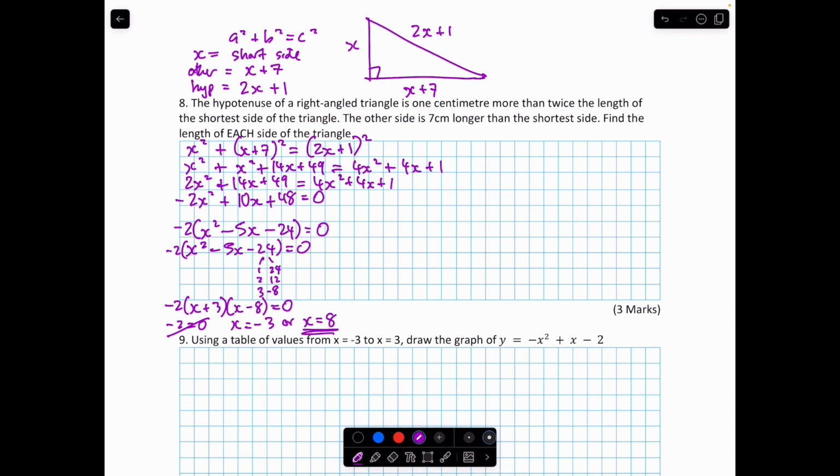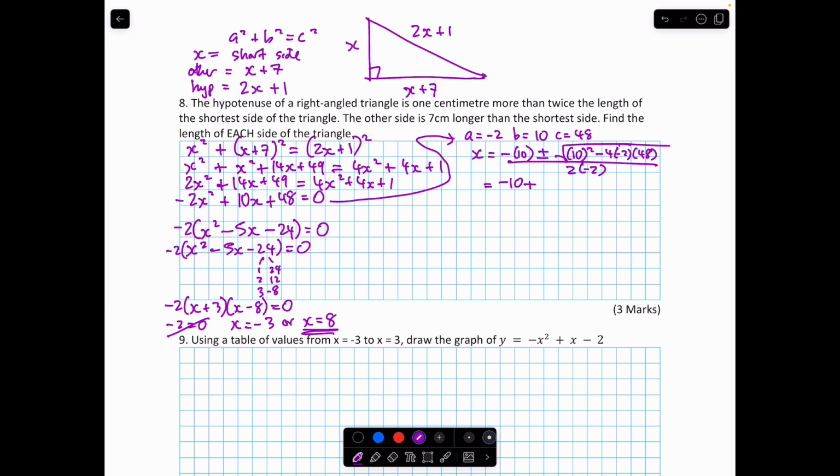Now the quadratic formula method, I'm going to use from there. A is equal to -2, B is equal to 10, C is equal to 48. Solving, x is equal to -b, -10, plus or minus the square root of 10 squared, take 4 lots of a, -2, c, 48, over 2 lots of a, -2.